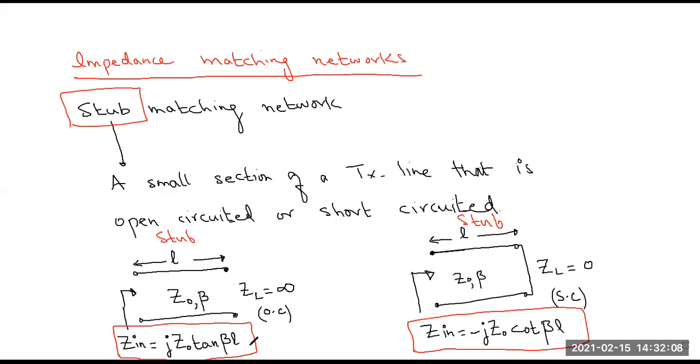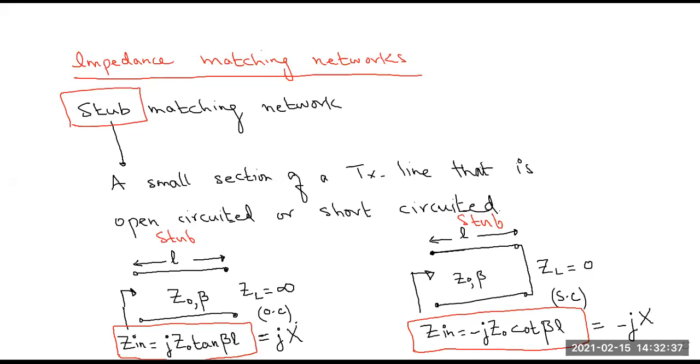So this result means that the impedance is equal to jX, where X is the reactance. Similarly, this result is telling us that the impedance is minus jX.